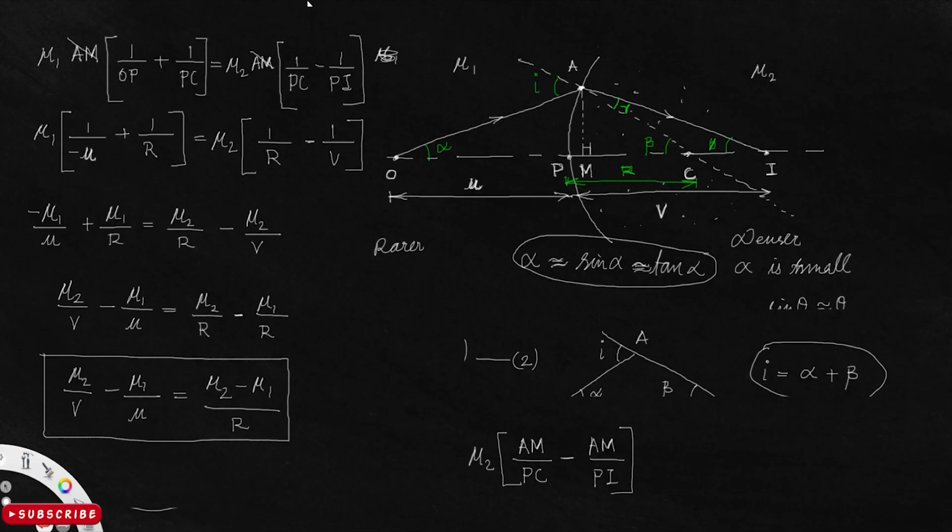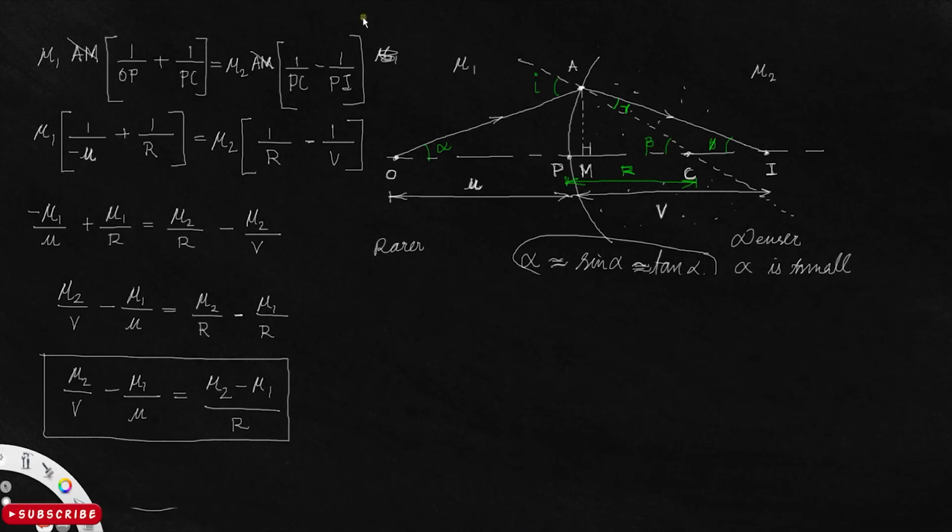Now what happens if the first medium is air? If the rarer medium is air, then the absolute refractive index of air, mu1, will be 1.